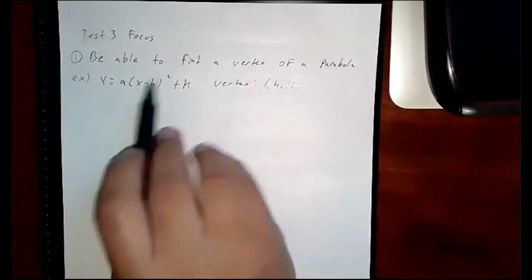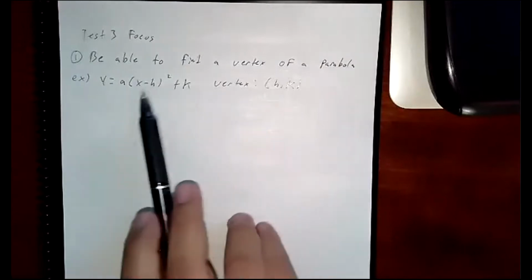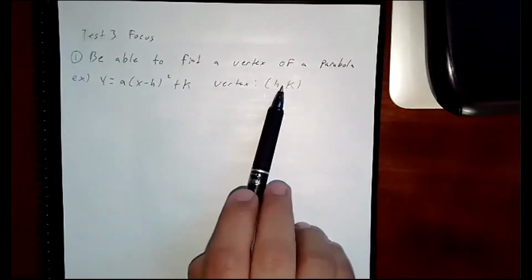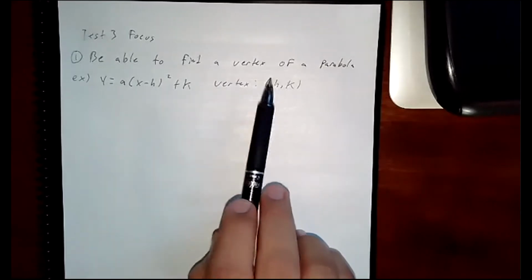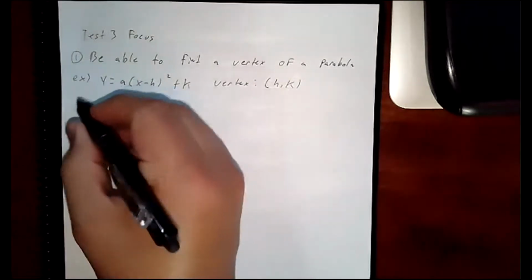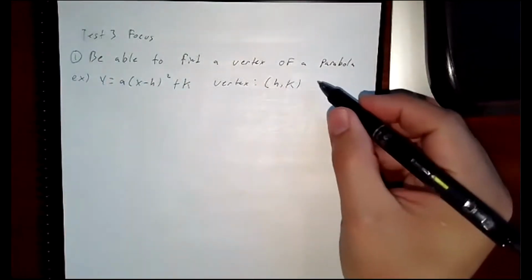So if they give it to you like this, make sure you're able to just write down h, k. That would be your answer. Just remember, whatever's here will be opposite. So if it's positive, put minus. If it's minus, then put positive. Okay. Make sure you're able to find the vertex in this form, or this is called standard form.